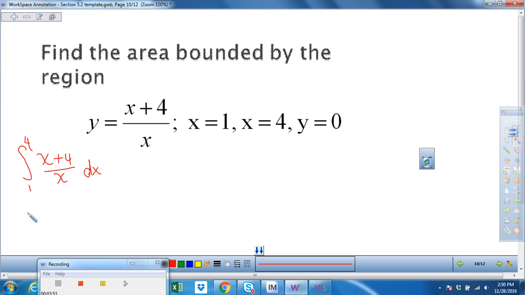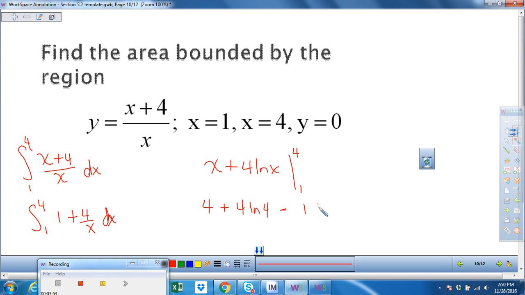Now, I can simplify this and write this as the integral of 1 plus 4 over x dx. So now integrating that gives me x plus 4 natural log of x, and I'm evaluating that from 1 to 4. So that gives me (4 plus 4 natural log of 4) minus (1 plus 4 natural log of 1).